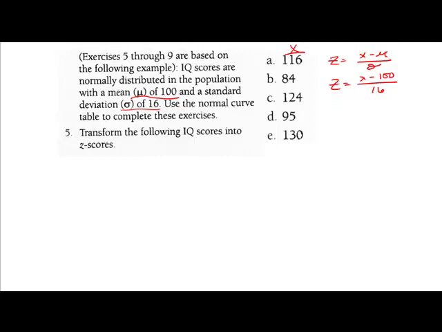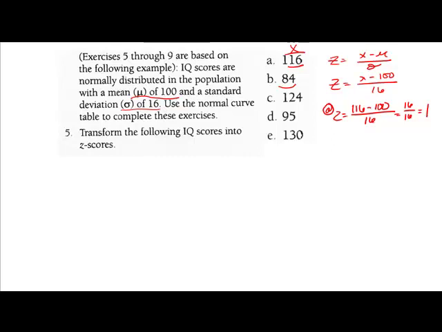So let's look at A. 116 minus 100 divided by 16, that equals 16 divided by 16, that equals a z-score of 1. Now this was 16 on the positive side.